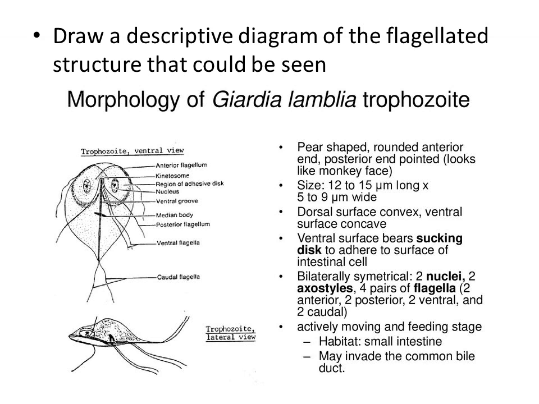Two pairs, four flagella, arise laterally, and one or two pairs of flagella are present in the posterior or caudal area. And we can see the median body or axostyle, and the cytoplasm. These are the things you have to consider when drawing this flagellated structure.